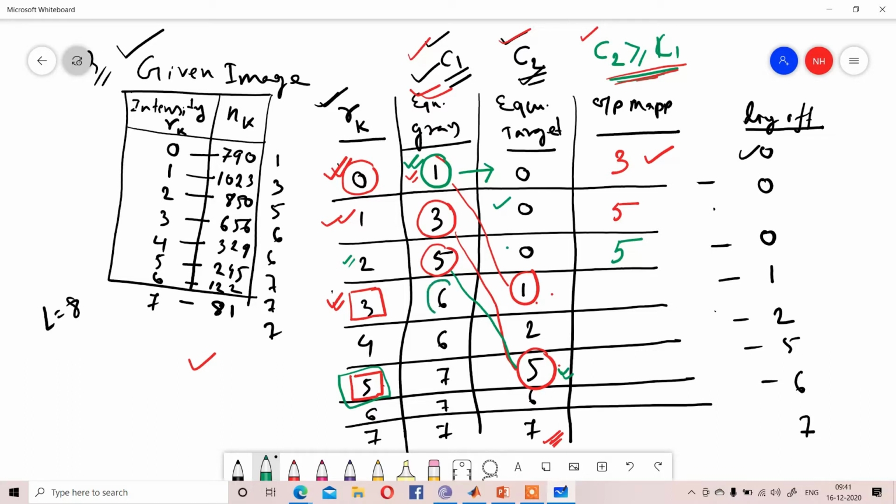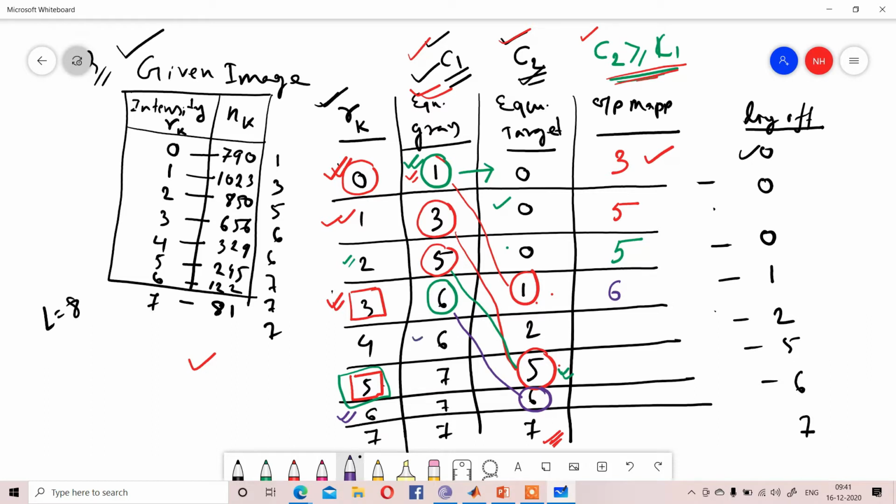Next we'll check 6. For that 6, mapping will be what? 6. So that will be your mapping level. So for this case it will be 6.